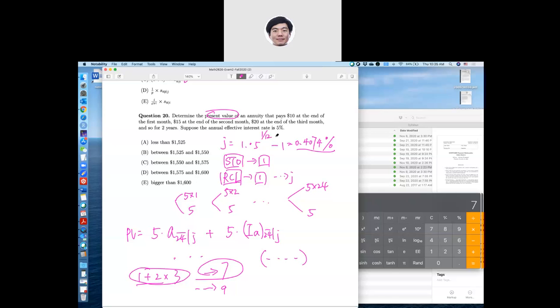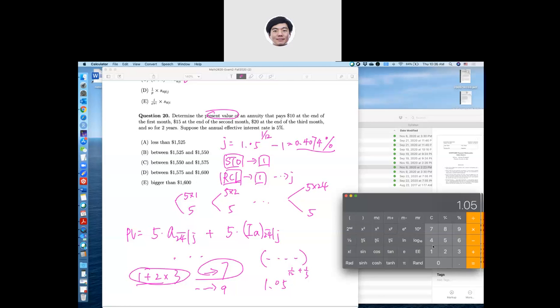For instance, what I would do is 1.05, raise the power, and then put a bracket. If you put a bracket, the computation will not be calculated until you put the other side.